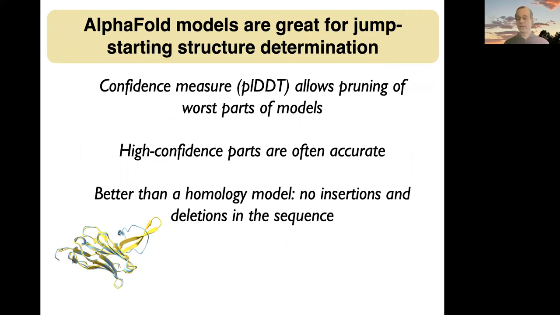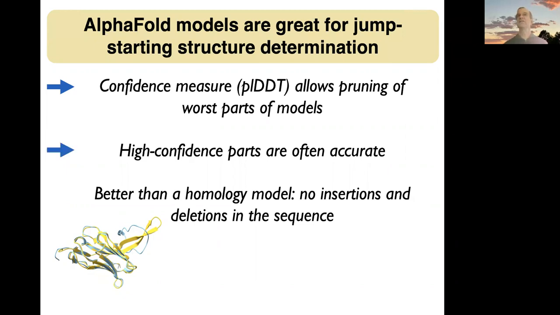Well, one thing is this confidence measure I told you about a moment ago. If the confidence measure is pretty good, which it is, it allows you to know in advance what part of models to get rid of, because if it's low, you know you don't know the answer. So you can trim or prune your models to get rid of the worst parts.